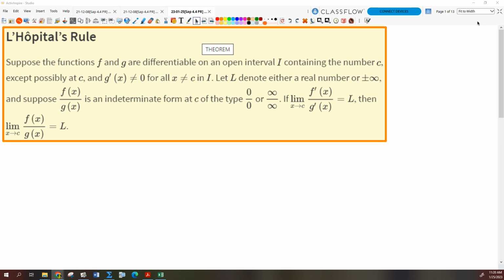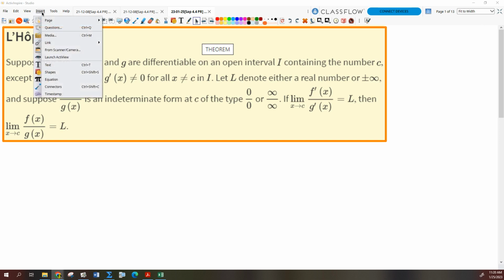Either we get an answer, right? We get a numerical answer without a 0 on the bottom. In fact, let's go back and just review this very briefly.